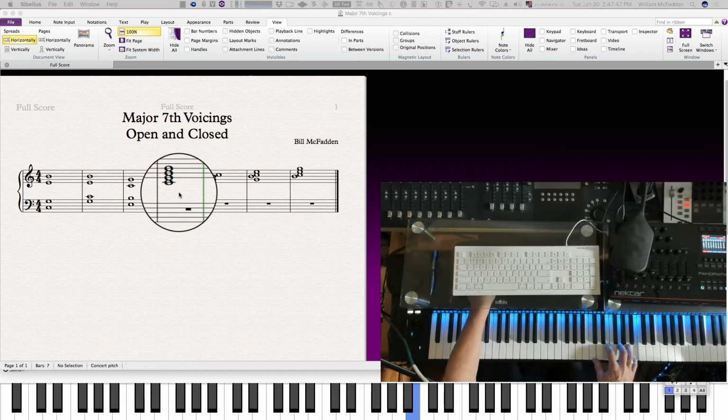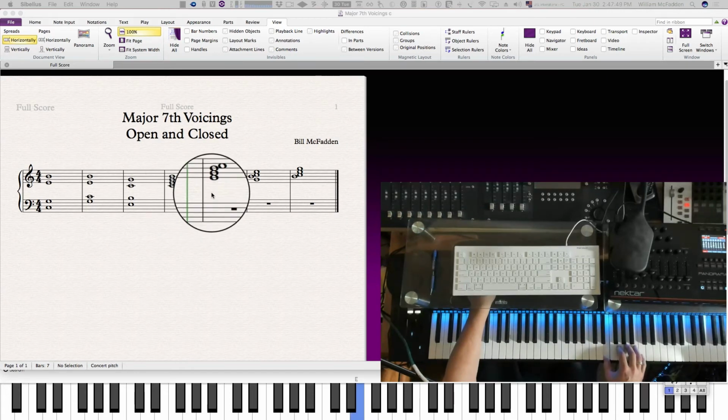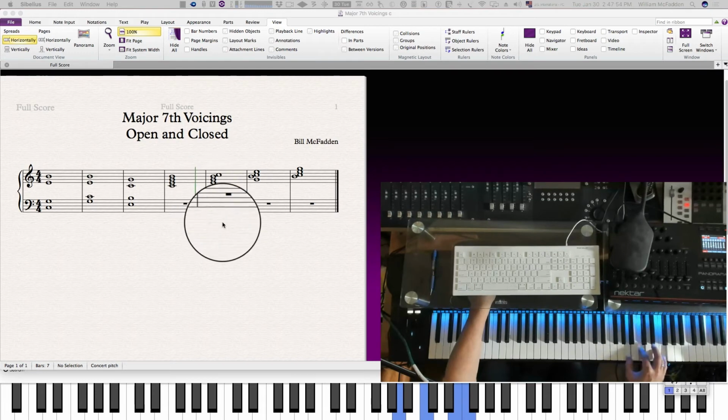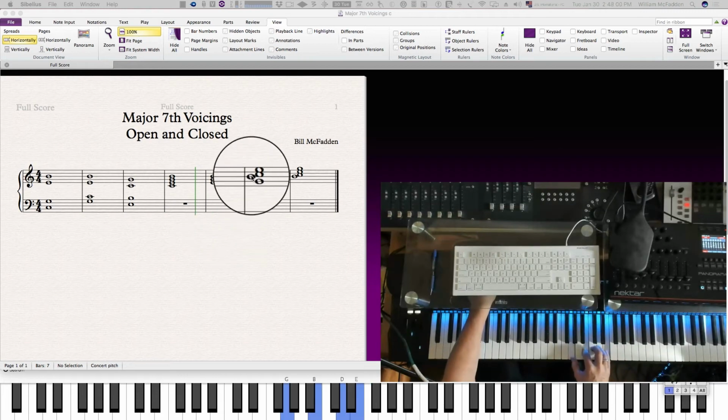And then if we go up to the first inversion and go up, keeping that same position, or down. And we can do the same thing with the next inversion.